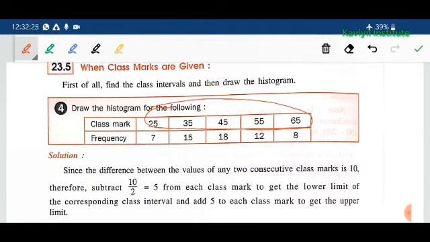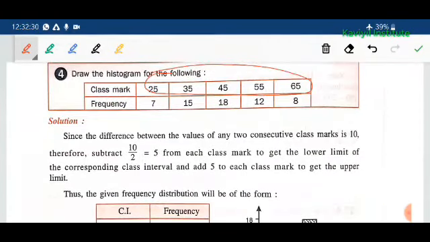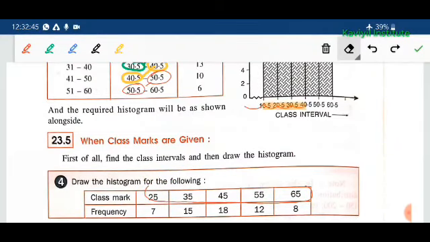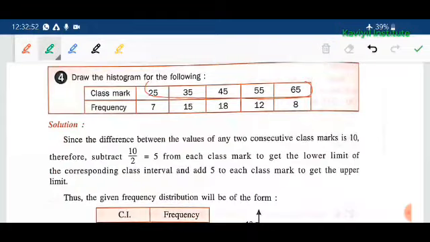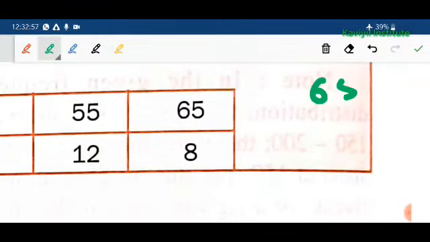So here what we have to do is, we know that 65 minus 55 is 10.